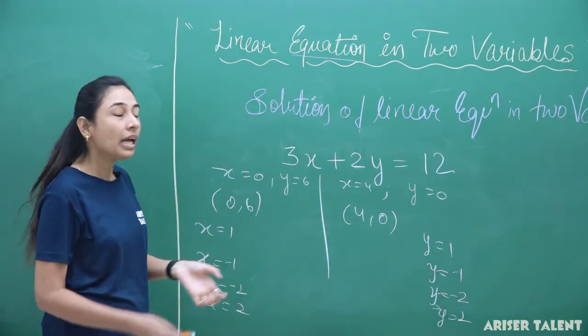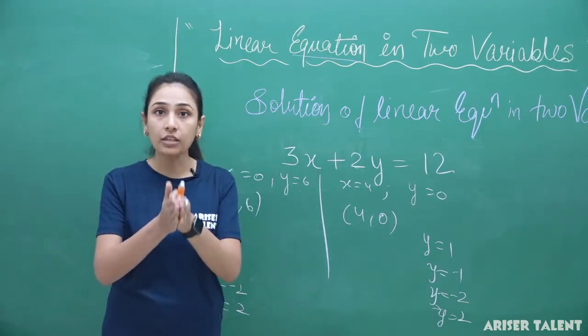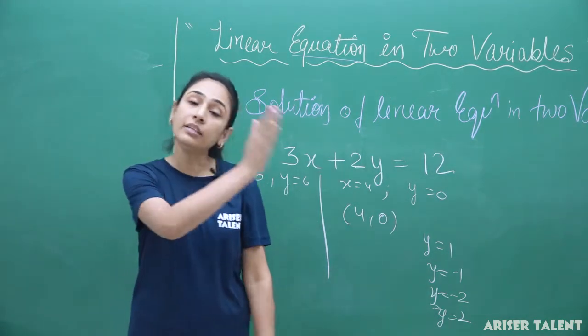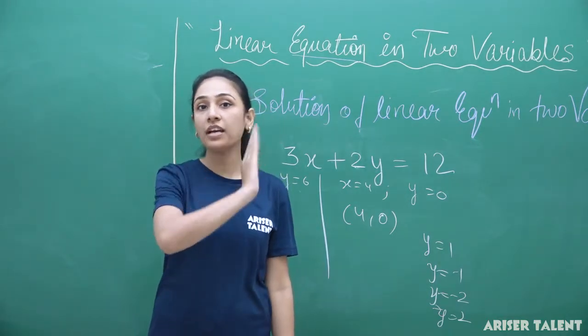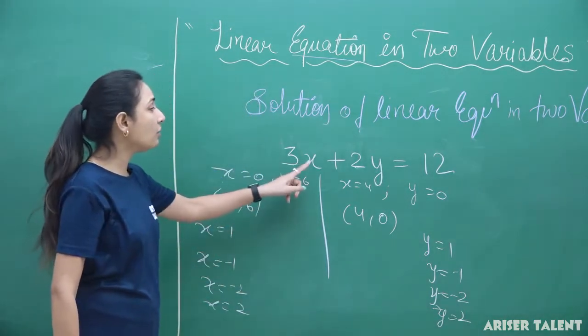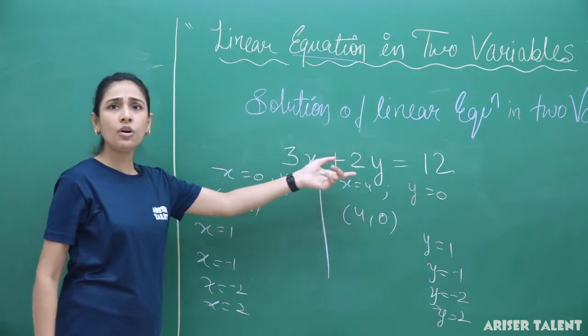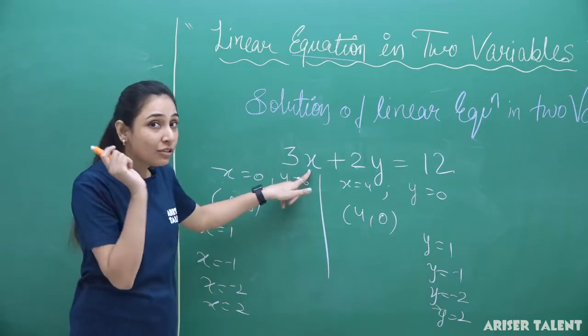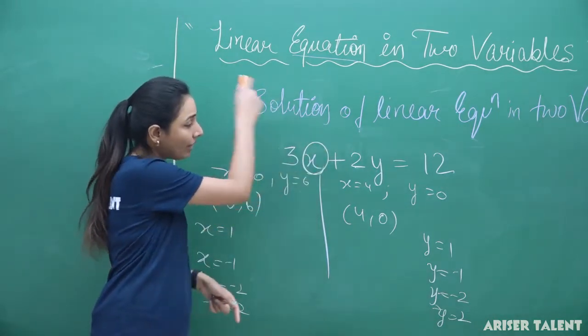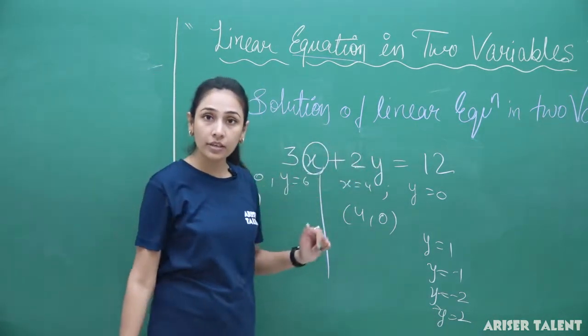What is the solution? A solution is basically the values of x and y that satisfy this equation. Now how will you get the value of y from there? We are having only one equation here, so you are compelled to assume the values of x here, and then you'll get y here.